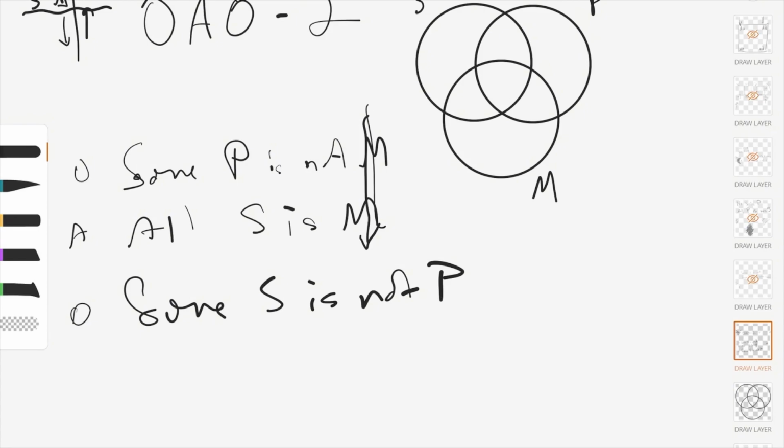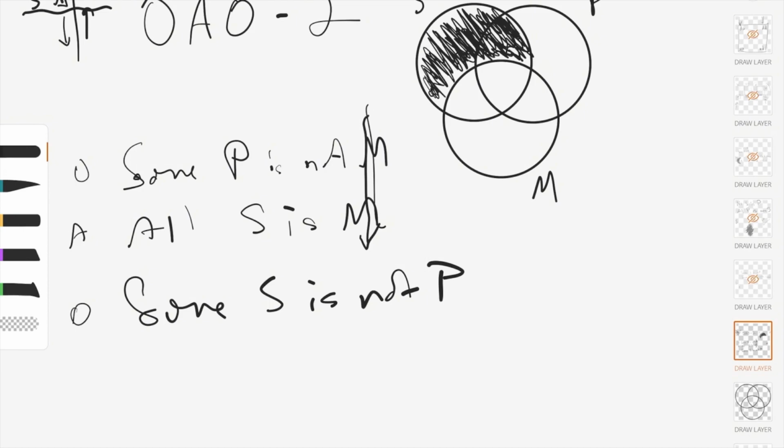All S is M. So we're going to shade the region of S outside of M. And remember, we're going to ignore the P circle because P doesn't have anything to do with the relationship between S and M in the minor premise. It's just between the minor and the middle term, right? So the shading is going to cover the two regions.